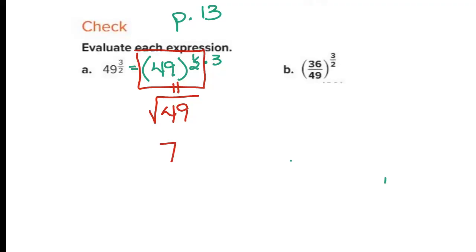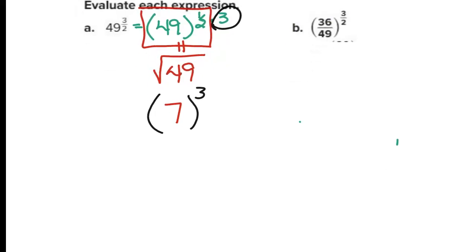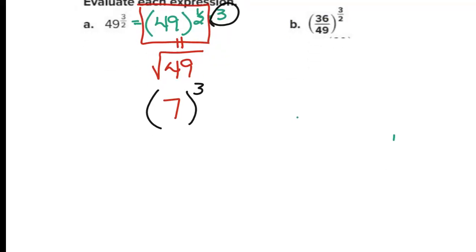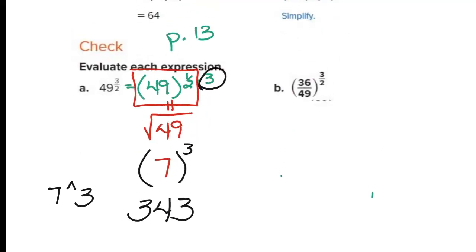Now we have to take that to the 3rd power, and 7 to the 3rd power, if you do it on your calculators, 7 caret 3, is it 343? But what you want to do is break it up into 1/2 times something, because we know anything to the 1/2 power is like a square root. Okay?